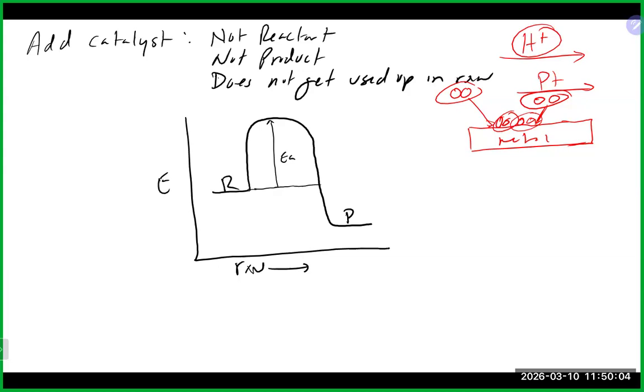Ultimately, what it does to your energy diagram is it lowers the activation energy. So if this was a catalyst, the activation energy here gets much smaller. So now a greater proportion of molecules will have enough energy to get up and over to the other side. The result of that is you do see an increase in the rate of the reaction. Any questions?